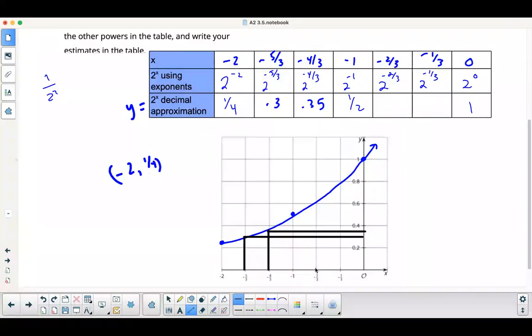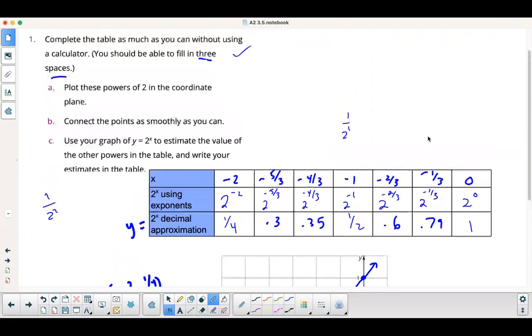Negative 2/3. That one looks pretty good. That looks like 0.6. Negative 1/3. Pretty close to 0.8. Maybe a little under. I'm going to go with 0.79. So there we go. We got them estimated. So let's make sure we did everything here.